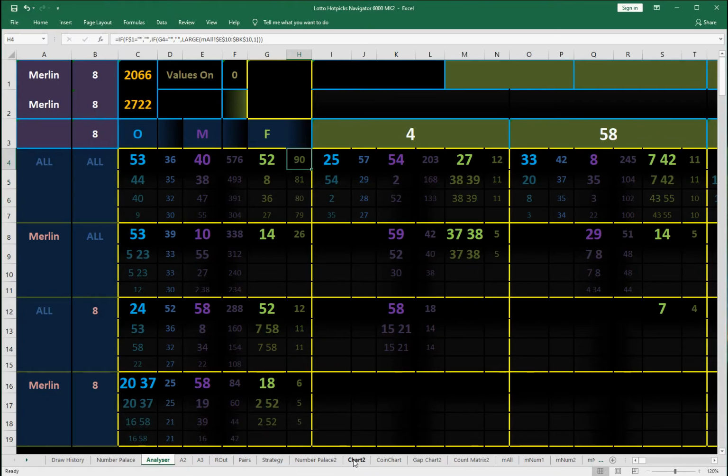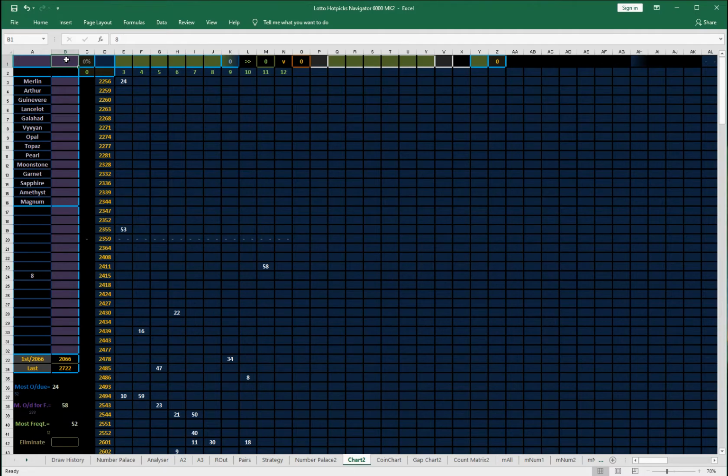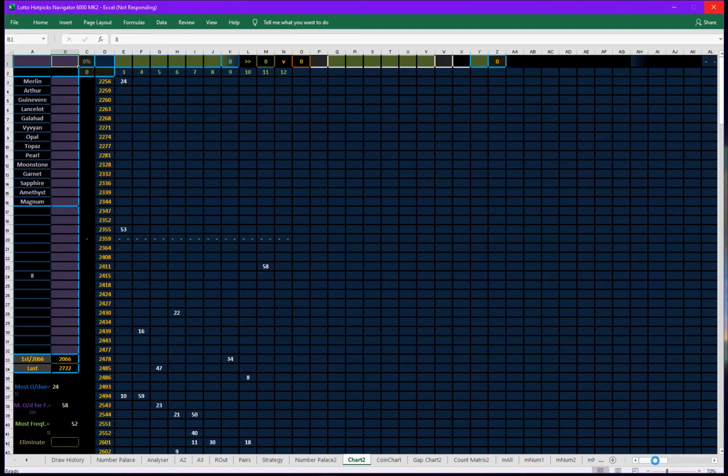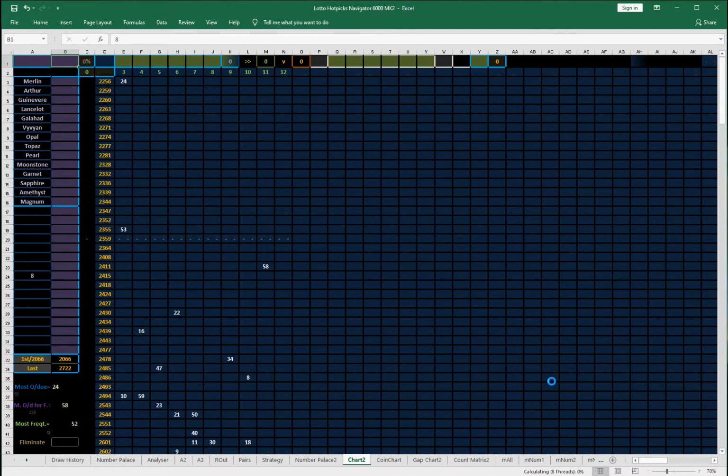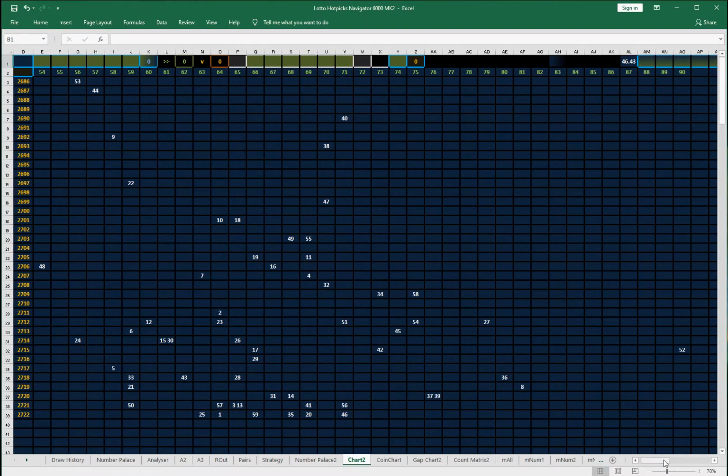So if I look at the chart, the general chart, that is, and then when it figures it out, see, it's having to process millions and millions of cells in order to produce this chart. That's why it takes a long time.